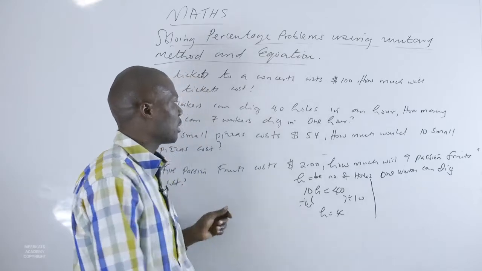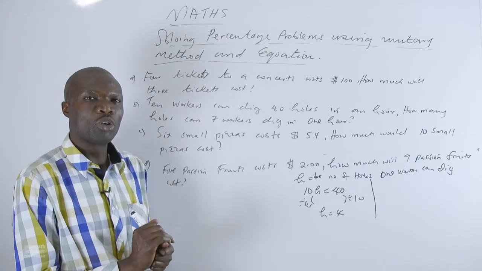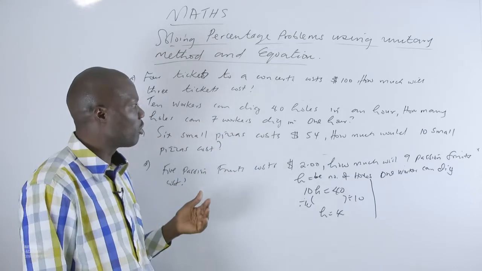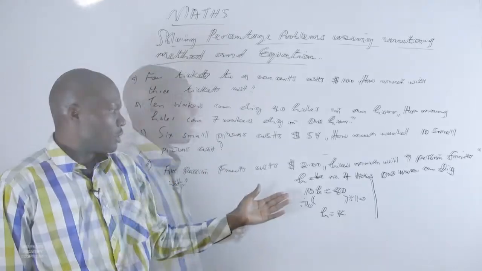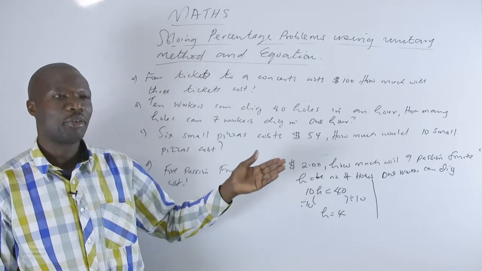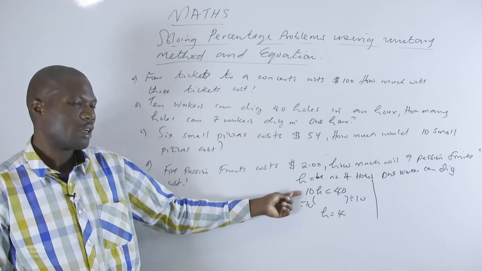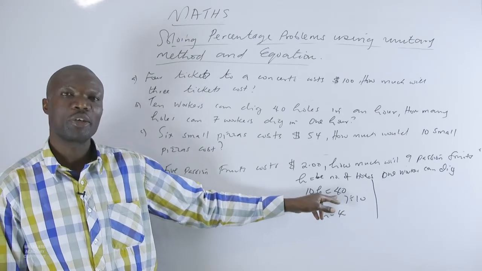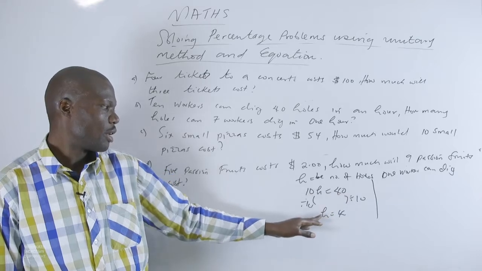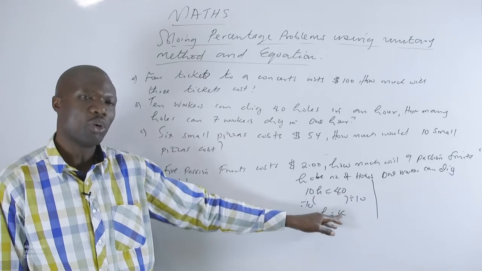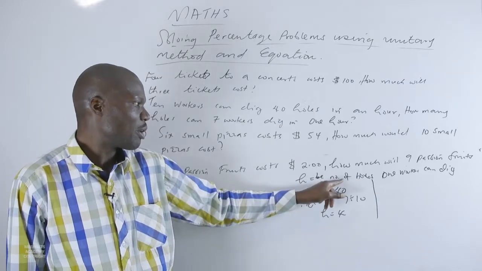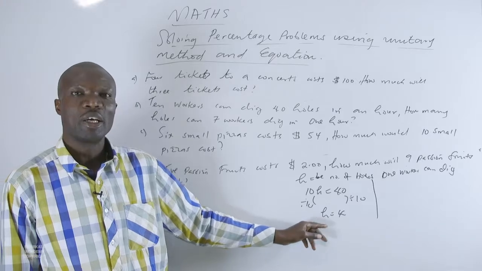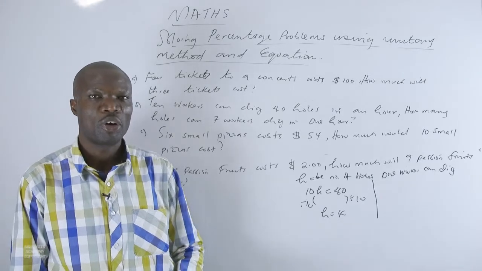But the question is asking us to find the number of holes 7 workers will dig. We have seen that 10 workers will dig a total of 40 holes. Then we found the value of H, which is 4, which means that because H is the number of holes 1 worker can dig per hour, 1 worker can dig a total of 4 holes.